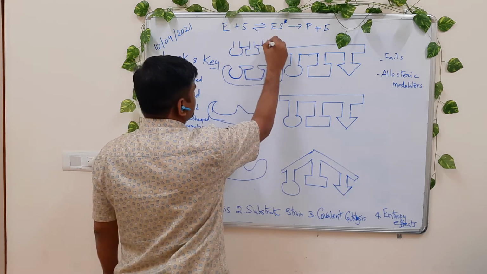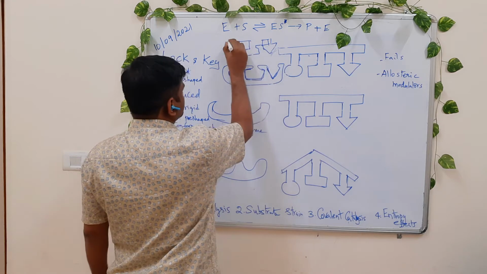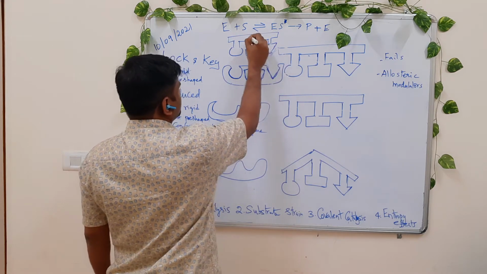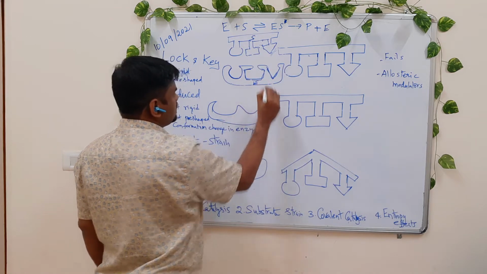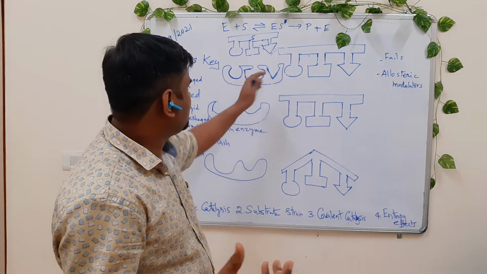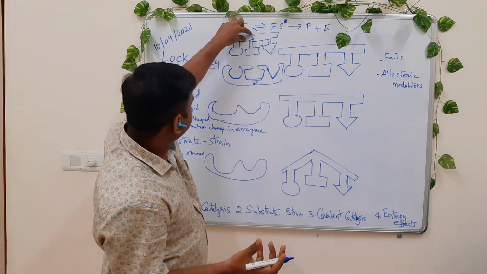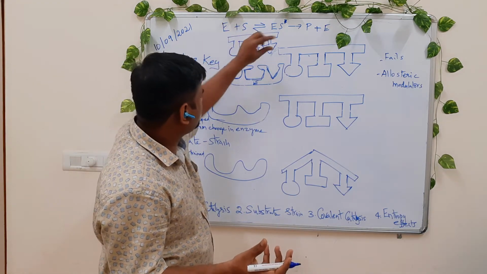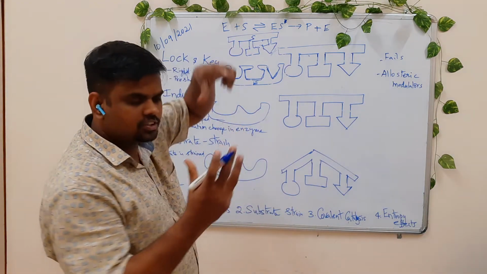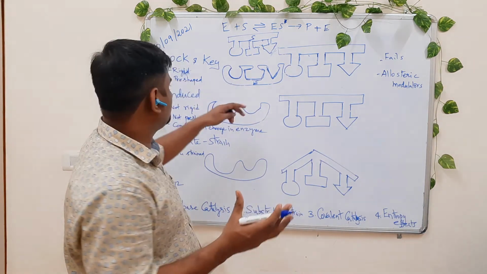So this is the substrate, and this is the enzyme. We have an enzyme with circular, rectangular and triangular shaped openings, and a substrate with circular, rectangular and triangular shaped parts.